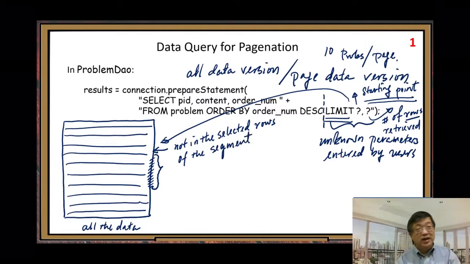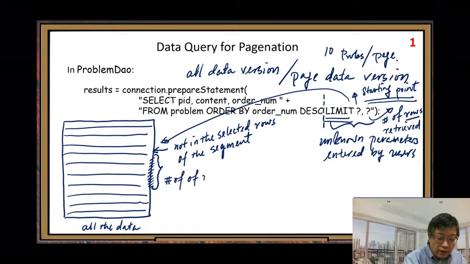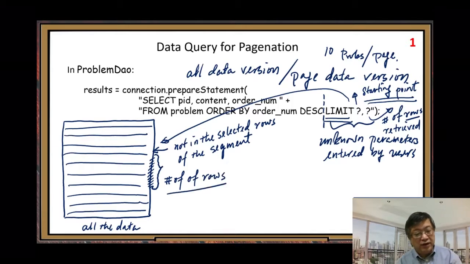So that precise understanding is important. The second, the number of rows, I think you should not have any problem understanding. The first one, the starting point, you need to understand in this way.